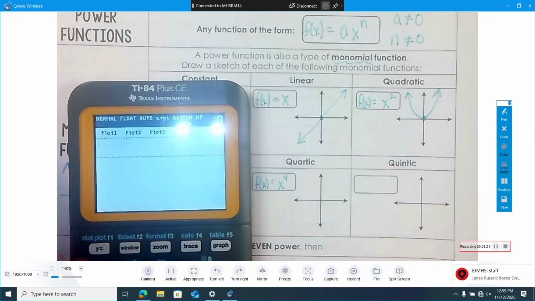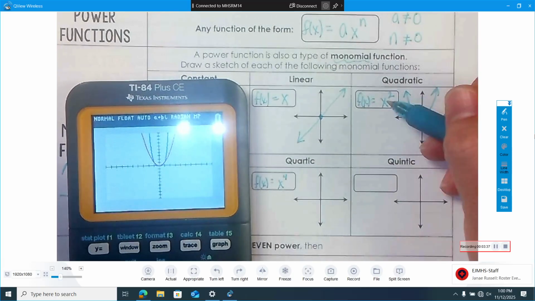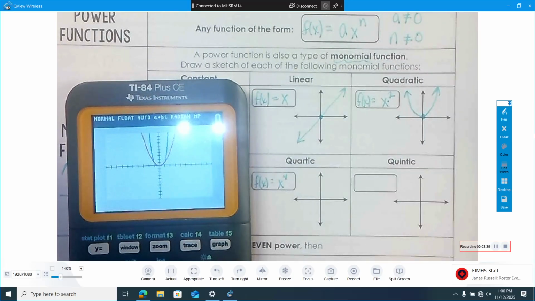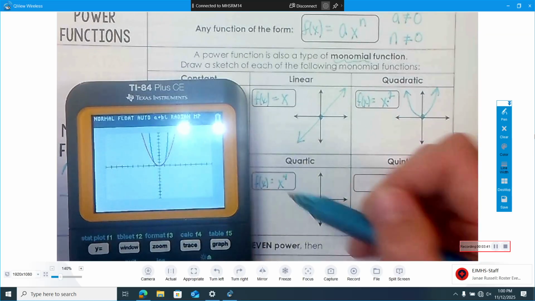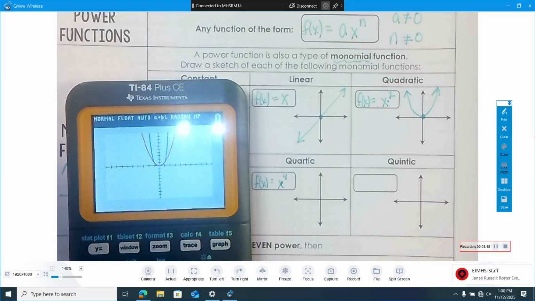And so I'll show you the quadratic so you can compare. In red is going to be the quadratic. You can see it's growing faster because we're taking values and raising them to the 4th power. If you plug in a 2 here, 2 squared gives you 4. But here, if you plug in a 2 for x, what do you get? 16.